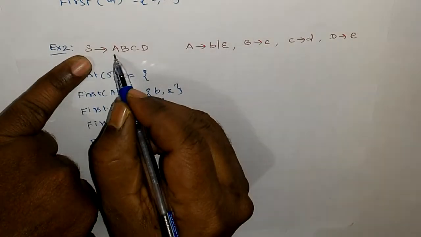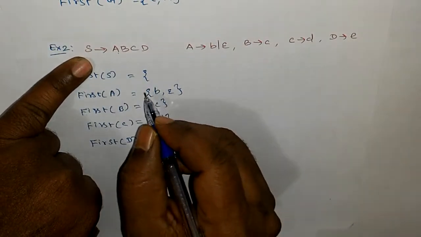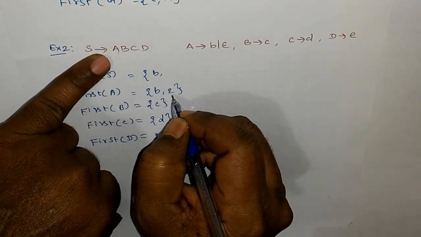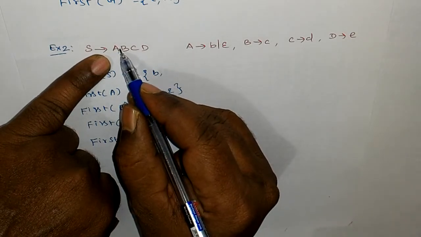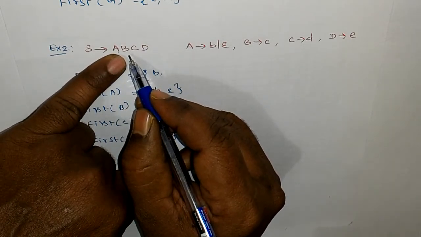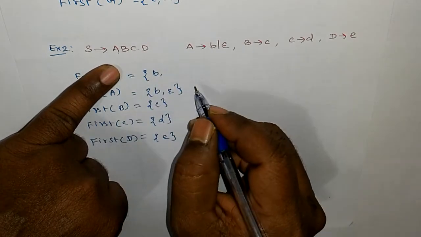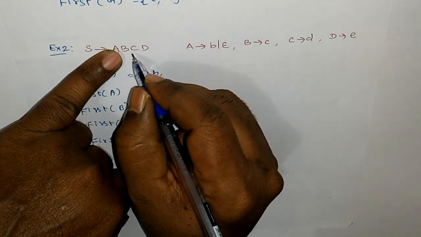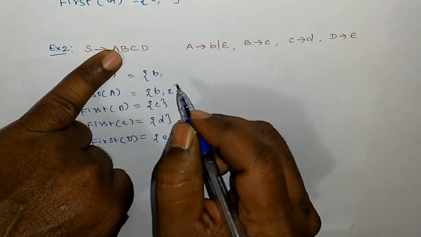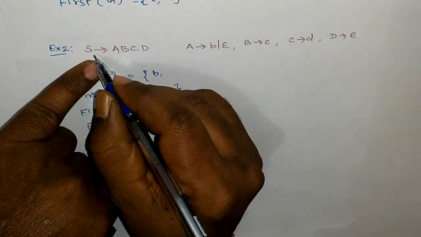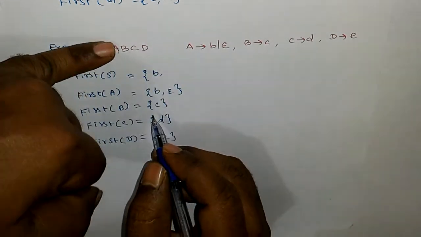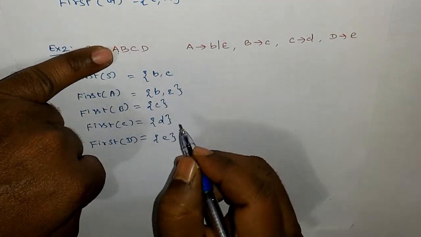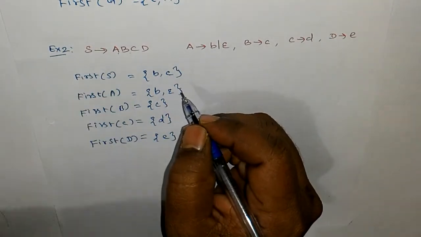First of A is b, epsilon. If you substitute epsilon, A will go away and B will come, so S derives BCD. Then what is the first of S? First of B, which is c. So this is the first of S.